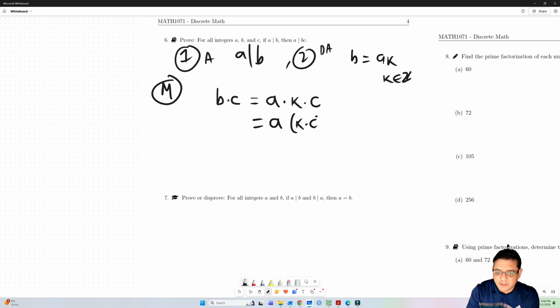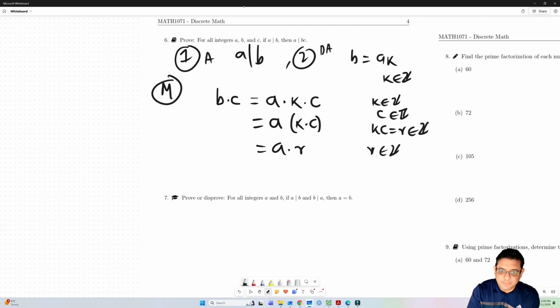Now notice k belongs to the integers, and c belongs to the integers as well. So k times c, I'm going to call it r, is also going to become an integer. And so I can see this as a times r, where r is an integer.